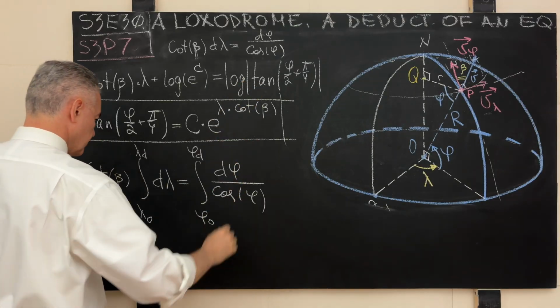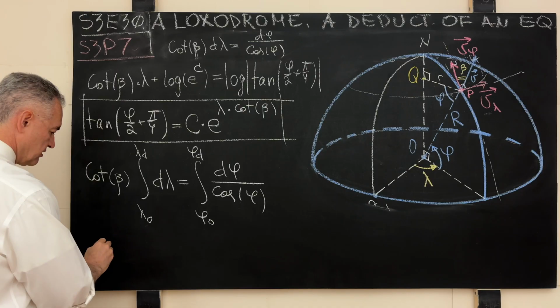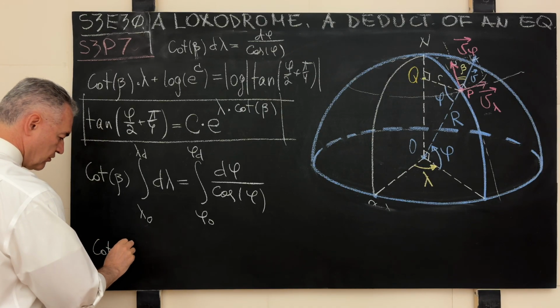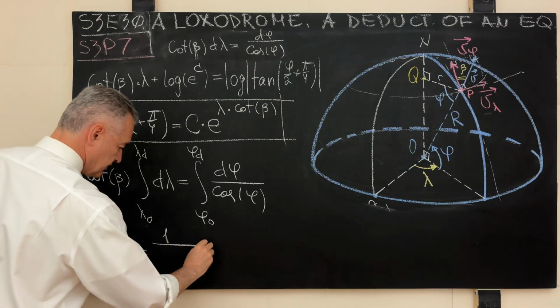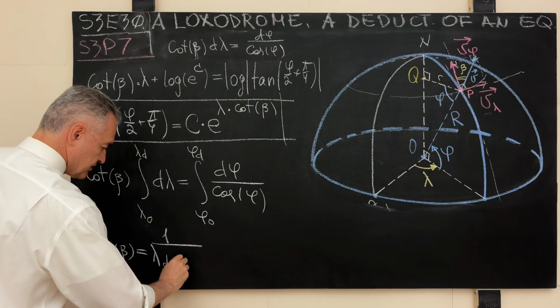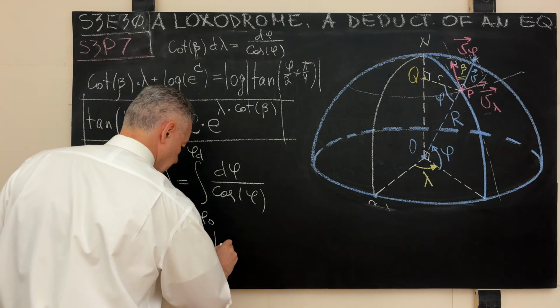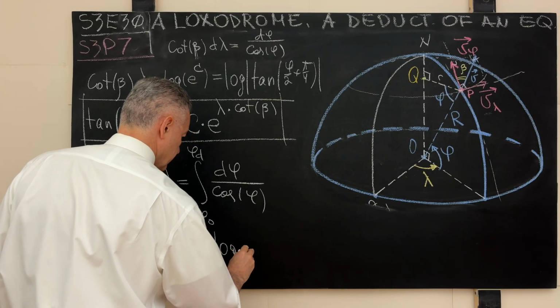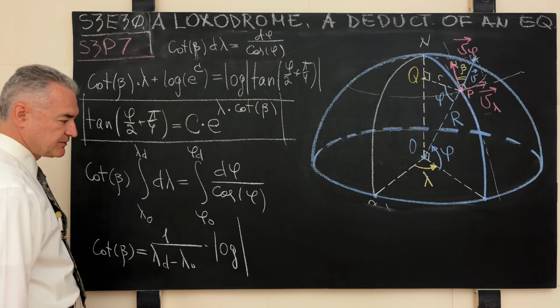We know this integral, so what will we have over here? Well, we will say that the cotangent of beta in this case will be what? It will be 1 divided by lambda destination minus lambda of origin times the natural logarithm of this is going to be quite a monstrous expression.